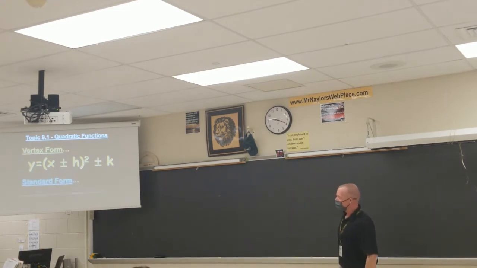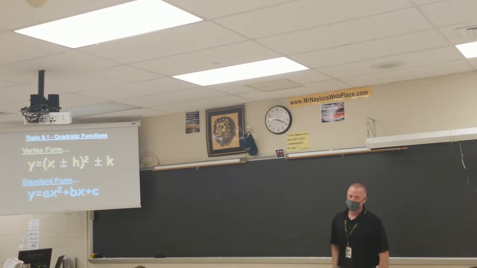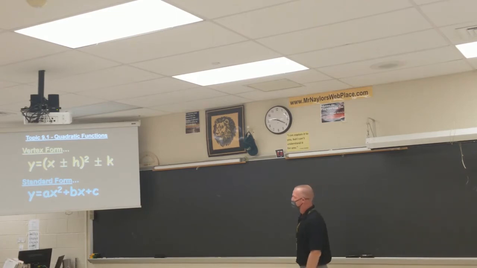Let me show you the other form that you've also seen before. But again, we want to get good at it again. And we call that standard form. Standard form: ax squared plus bx plus c.